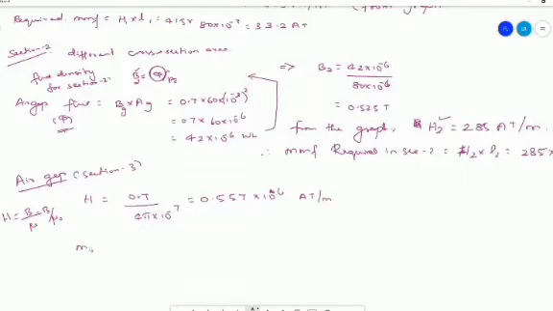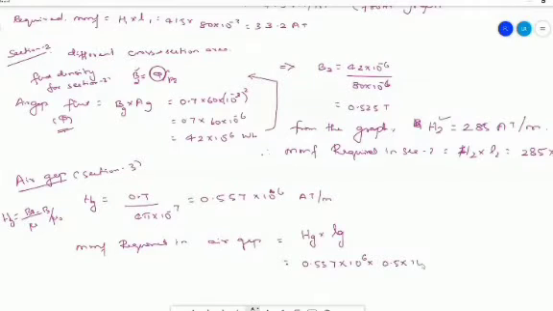So now again here it is easy to find the MMF because we know L and we know H. So the MMF required in the air gap will be HG into the length of the air gap, that is 0.557 into 10 to the power 6, and LG is given to be 0.5 mm.